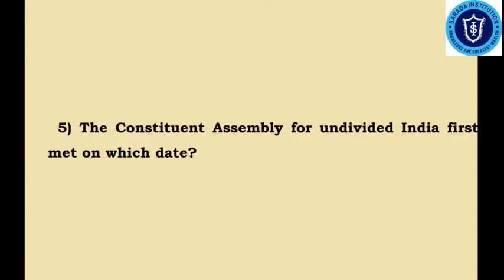Who became the permanent president of the Constituent Assembly? It's a very tricky question. Okay, I might have missed question number 5. Question number 5 was: the Constituent Assembly for Undivided India first met on which date?